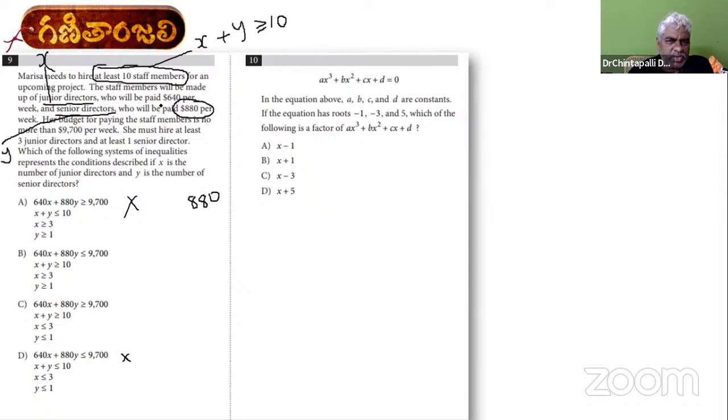For juniors it is 640, seniors 880. That means the earnings are 640X plus 880Y.